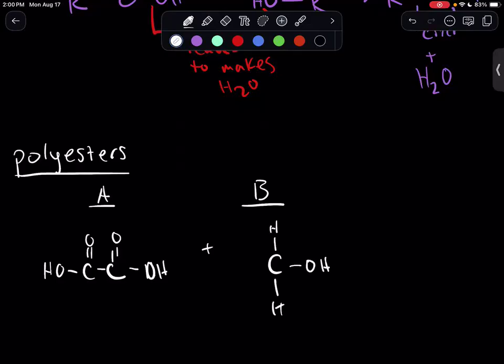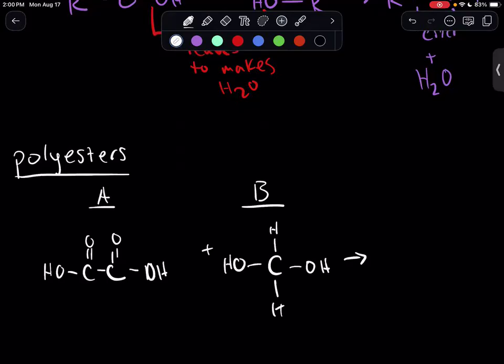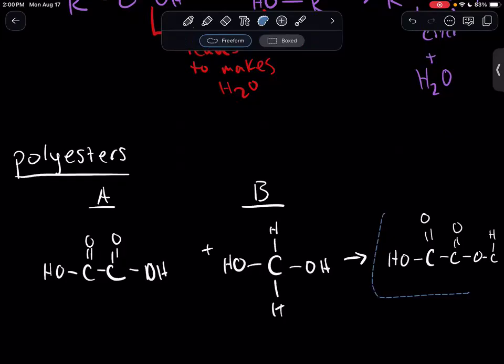So we have two alcohols or two hydroxyls. When we add those together, we still keep our C double bond O, OH on one side, bonded to C double bond O, bonded to O, bonded to C, H, and I'm going to have to move all of this because I ran out of room.